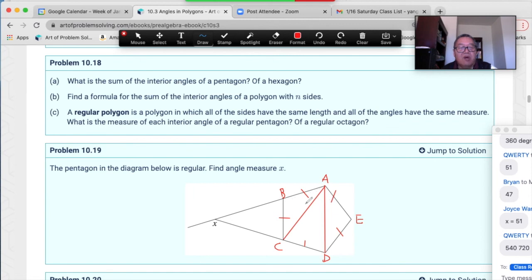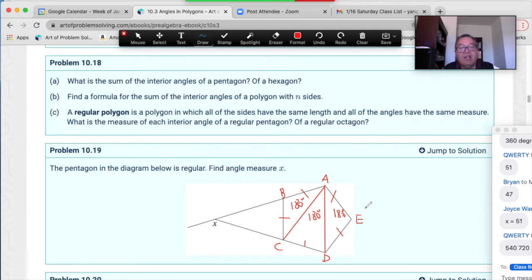The sum of interior angles of each of these triangles should equal 180 degrees. So therefore, 180 times 3, you get 540 degrees. So for a pentagon, the sum of the interior angles equals 540 degrees.